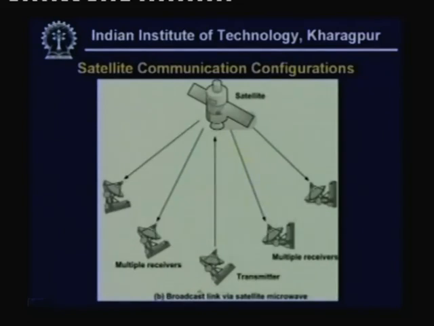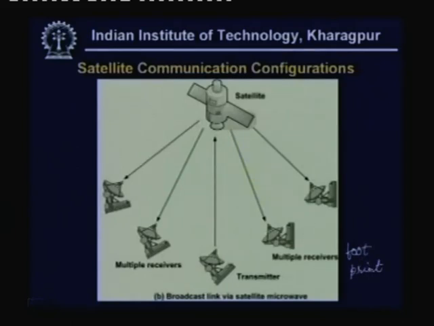And this is the second alternative, where you can achieve broadcast with the help of satellite microwave. You see here you have the satellite, and it can cover a quite large area, which is called the footprint of the satellite.